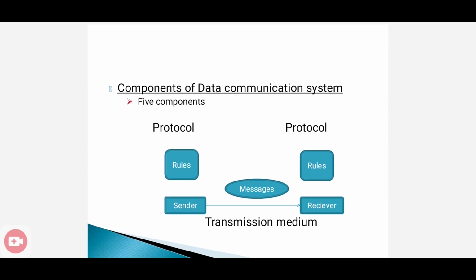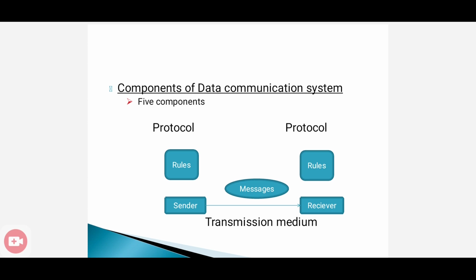Next, what are the components of a communication system? A communication system is a combination of hardware as well as software. The main five components are: one, the sender device; other, the receiver; and a transmission medium or communication channel.